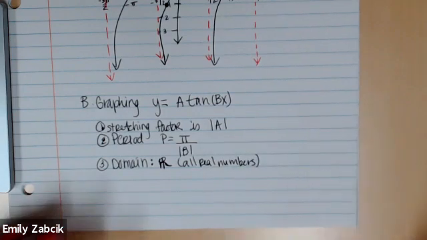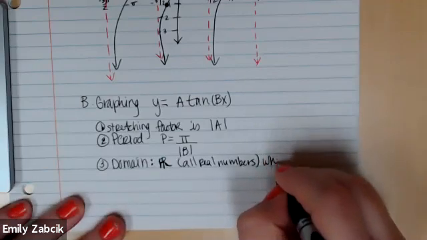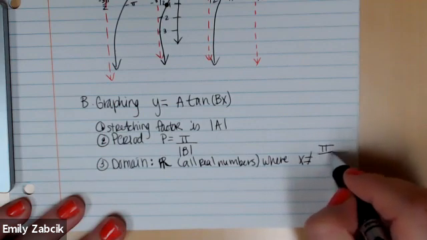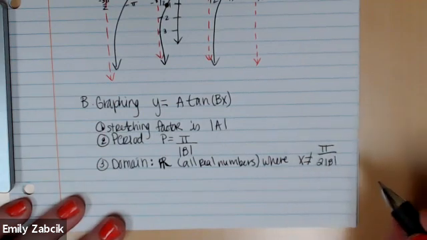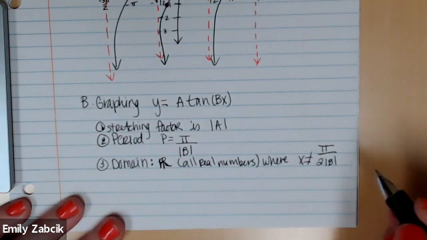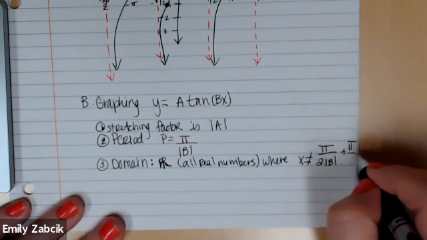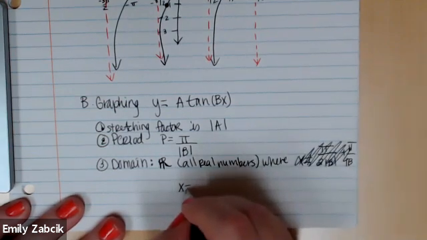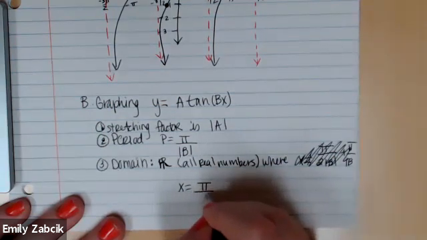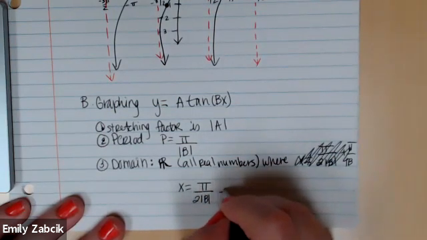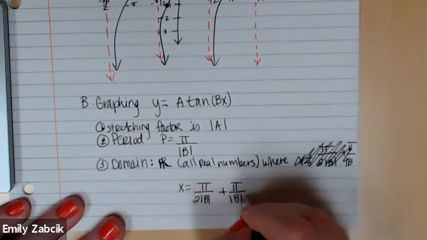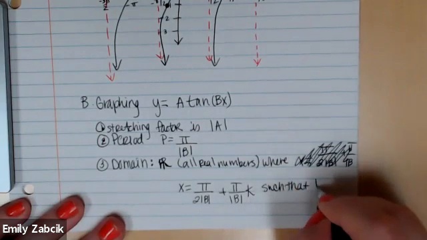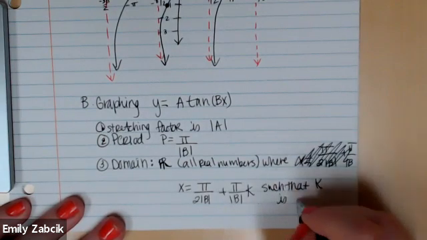And we also say it's all real numbers where x does not equal pi over 2 absolute value of b plus absolute value of bk, such that k is an integer.